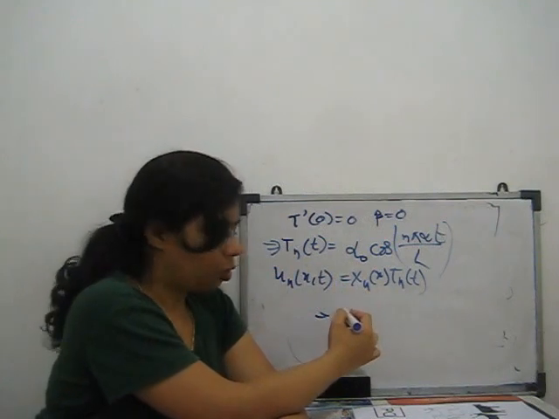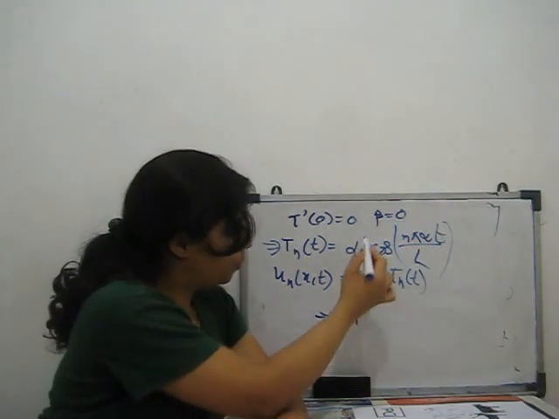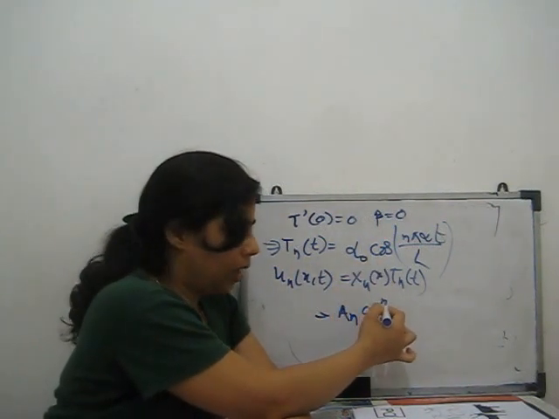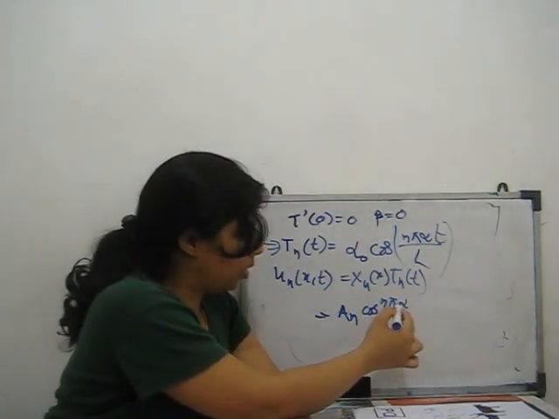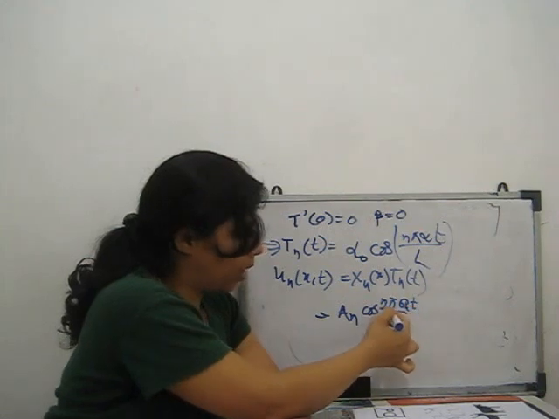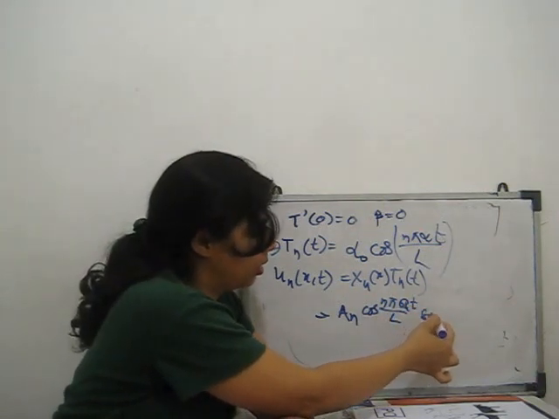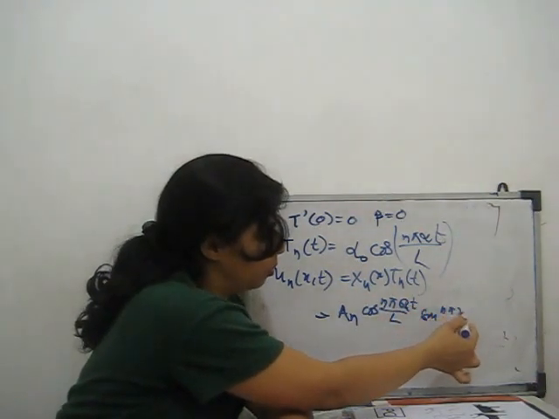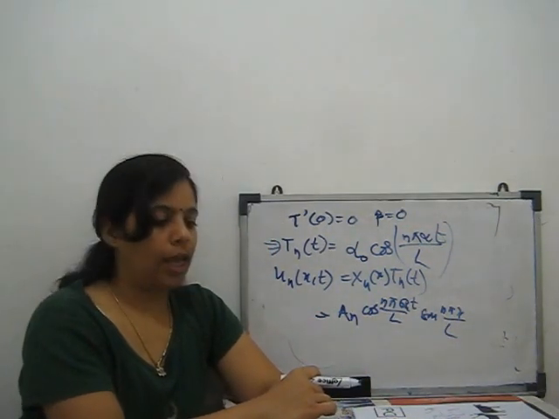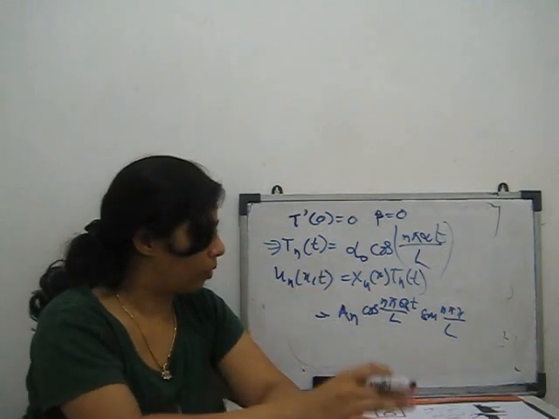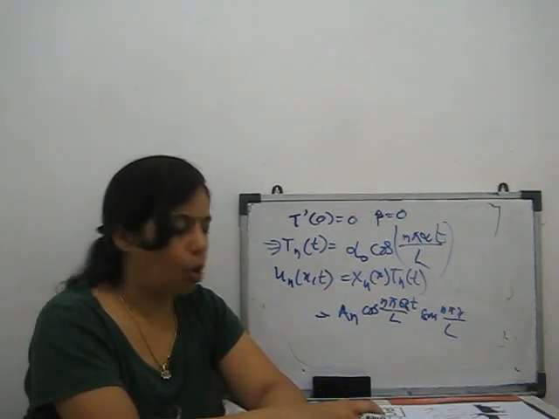I should write the coefficient as an: an cos n pi a t by L sine n pi x by L. Clear? So this is our solution for n equal to 1, 2, 3, 4, 5, where an is the constant.